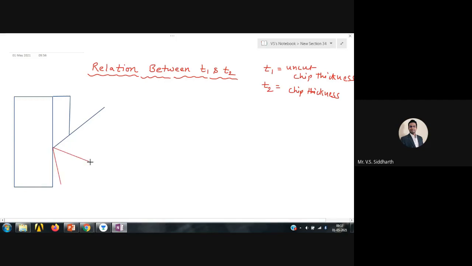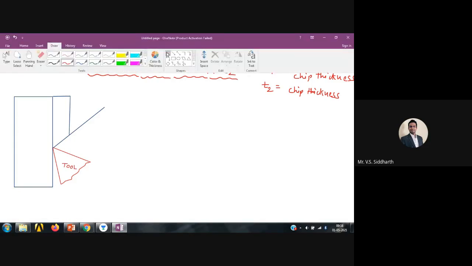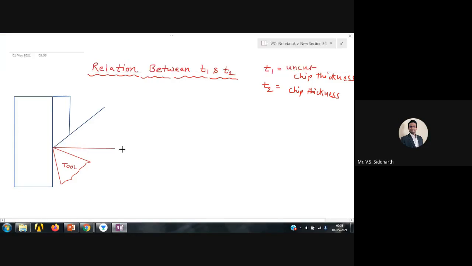This is the tool. This is the reference line.